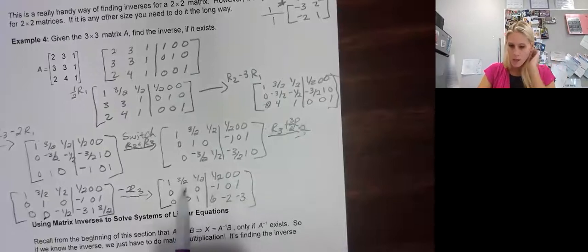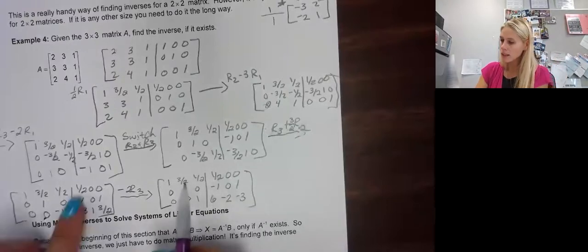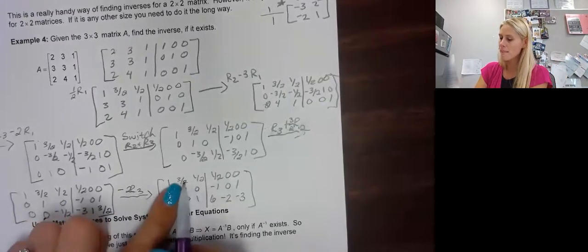All right, I like this so far. Now I have to come back up here. Next I'm going to get rid of this 3/2 and make it a 0. I can do that with row 1 minus 3/2 of row 2.